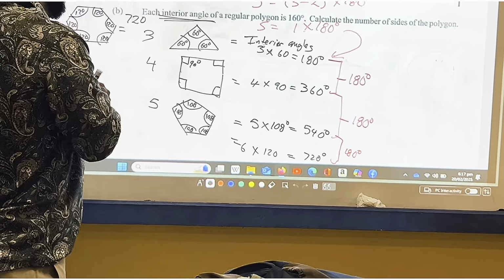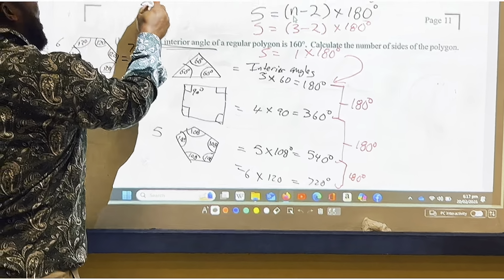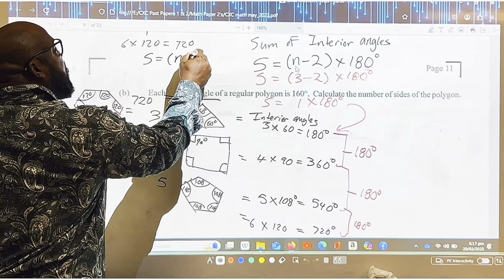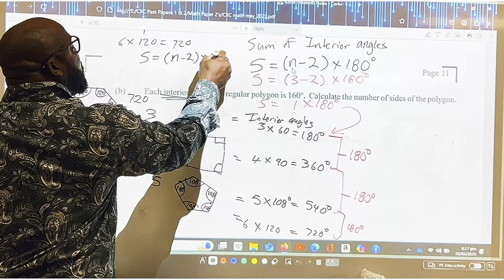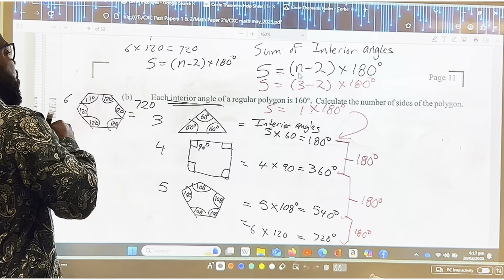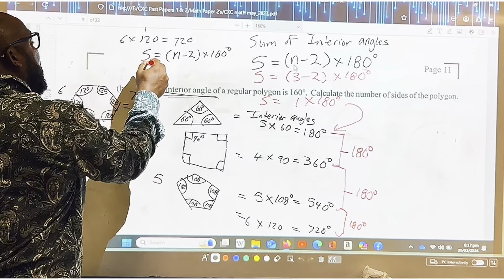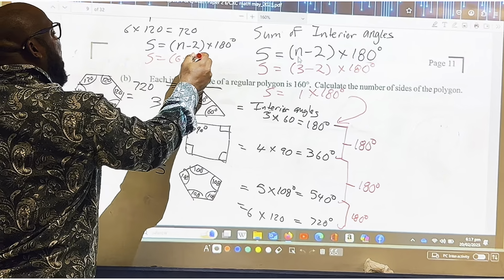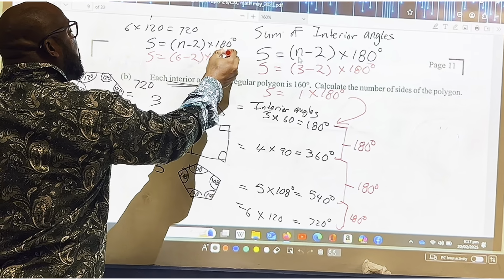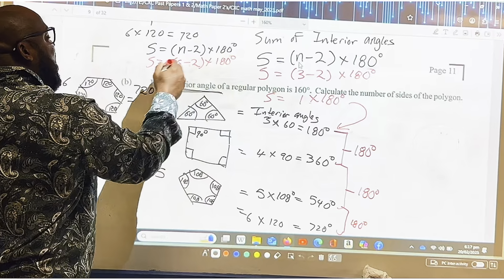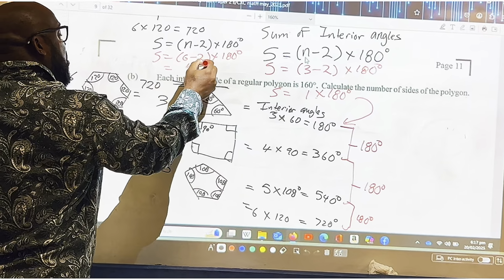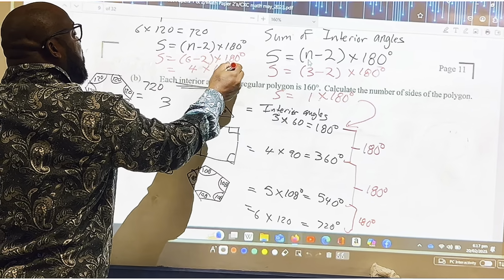Let's put back the S. n minus 2 times 180. Let's put 6 instead. S equals 6 minus 2 times 180. 6 minus 2 is what? 4. 4 times 180.